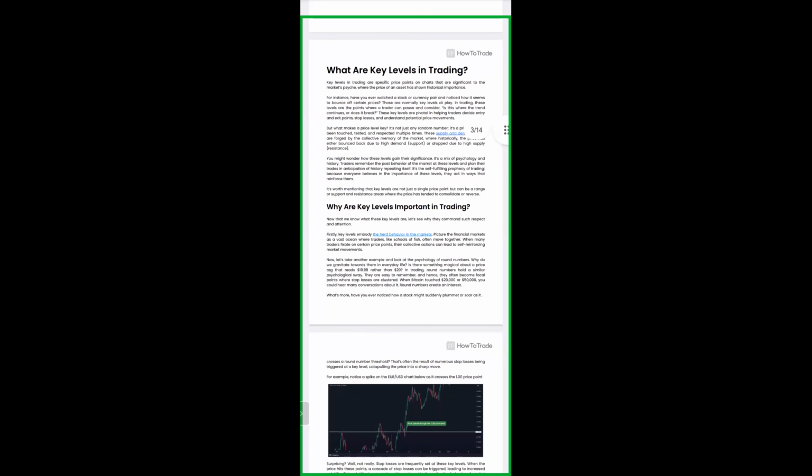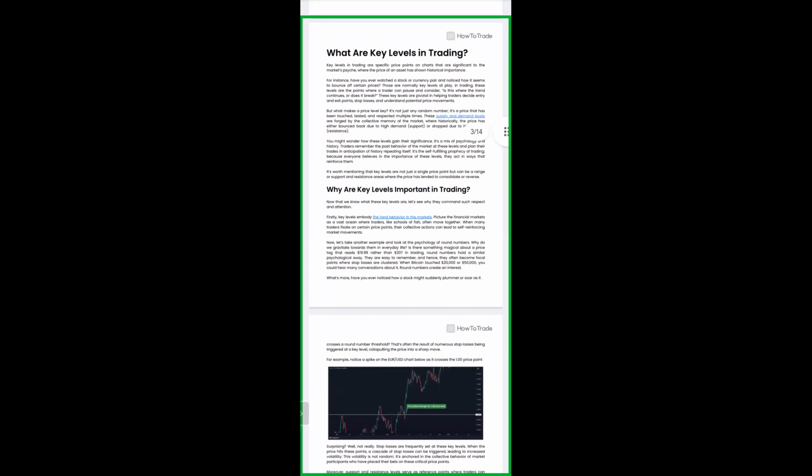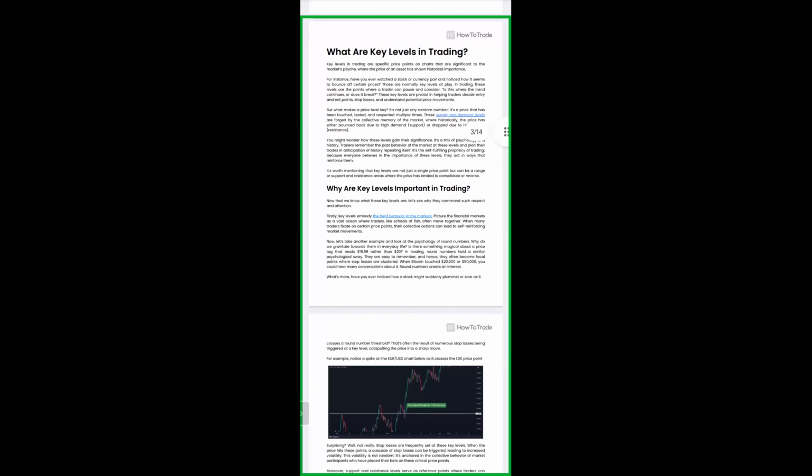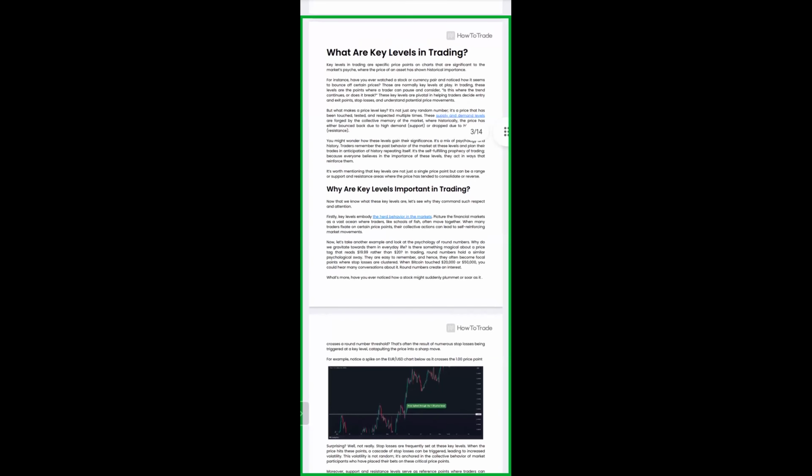And basically, all this is actually what we have been seeing in our presentations here this morning. There are different types of key levels that we can look at. Basically, the main ones are the support levels, the resistance levels, breakouts, and breakdowns.